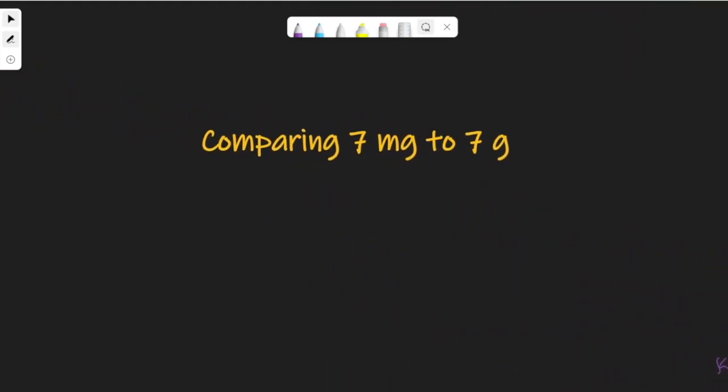Let's look at one more. Here we are comparing 7 mg to 7 g. Now again, I know that my base is always second, so this is grams. And I want to think about what the m is. You also want to note that this is a lowercase m. There are also uppercase M's when we are thinking about our prefixes.